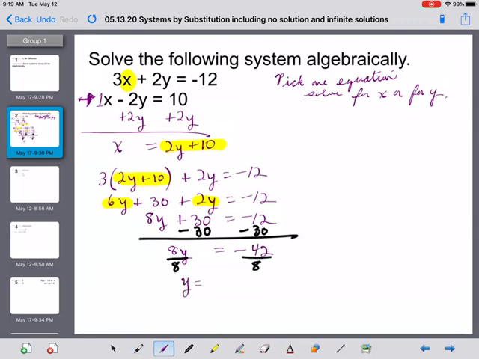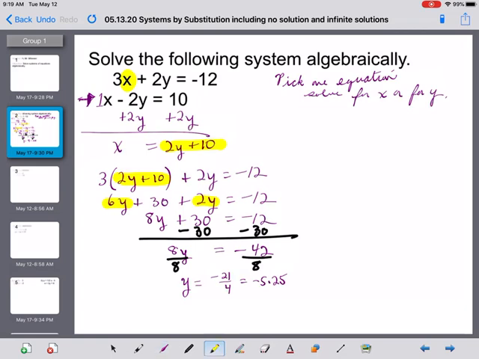Y equals, okay, so let's see, negative 42 over 8 would simplify to negative 21 over 4. So we could leave it like that. We could change that to a decimal or a mixed number. Let's do a decimal. 21 divided by 4. So negative 5.25. Yes, you can have decimals.